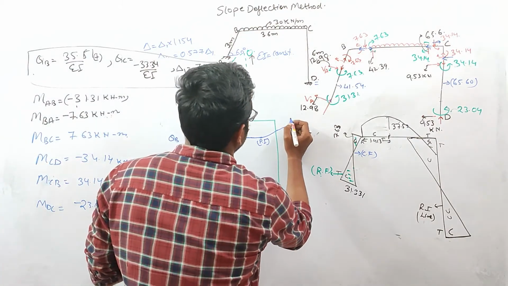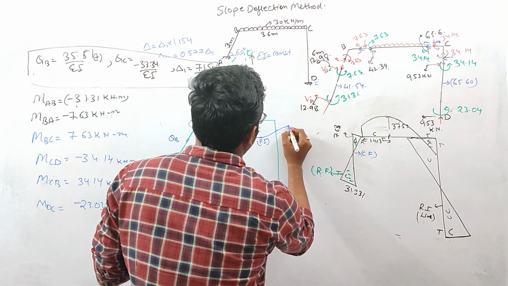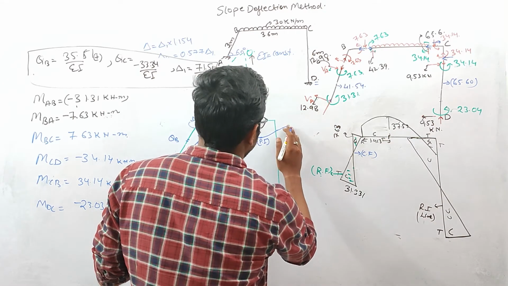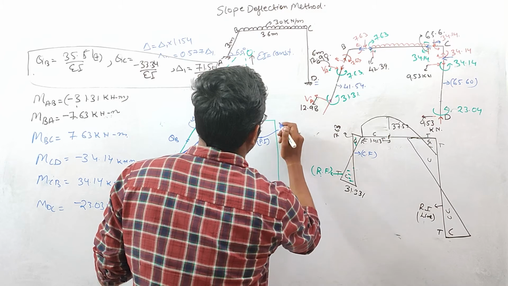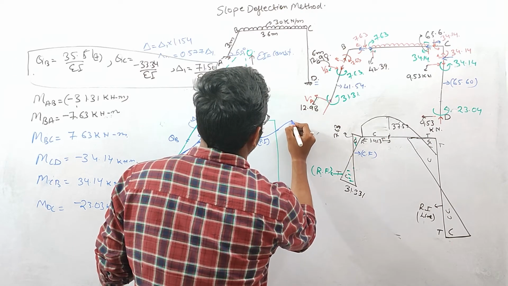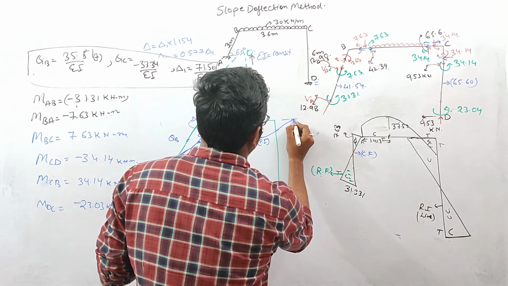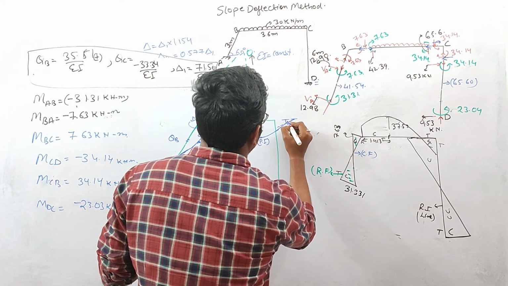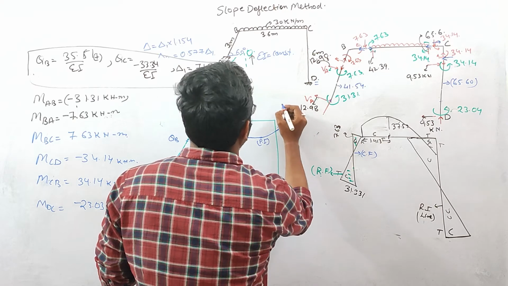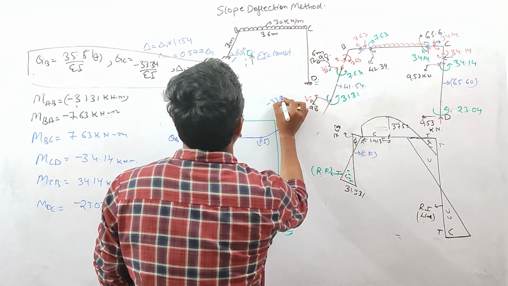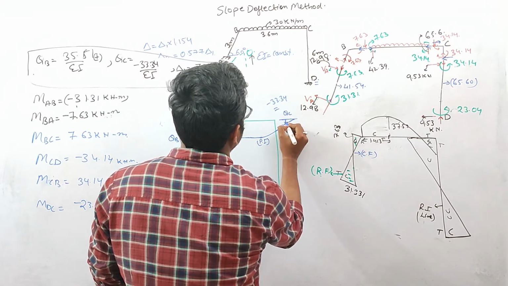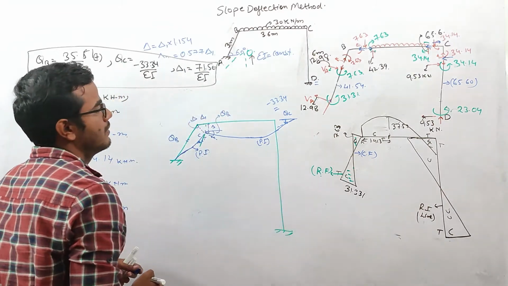This is theta C, which is equal to minus 33.34. You can see that this rotation is anticlockwise.